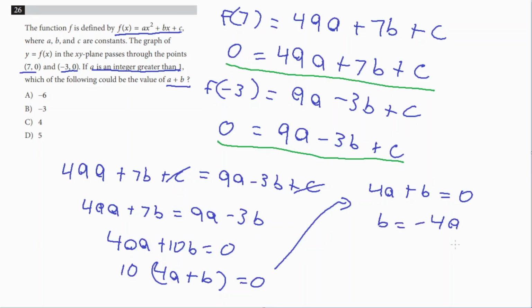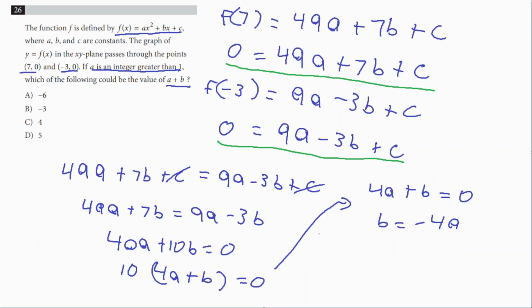So that tells us that b has to be negative 4 times a. If a is, let's say, 1, then that means b has to be negative 4. Now I would start plugging in some numbers for a that are greater than 1, and then see what b has to be in that scenario, and see if the answer choices line up. I'll show you what I mean by that.